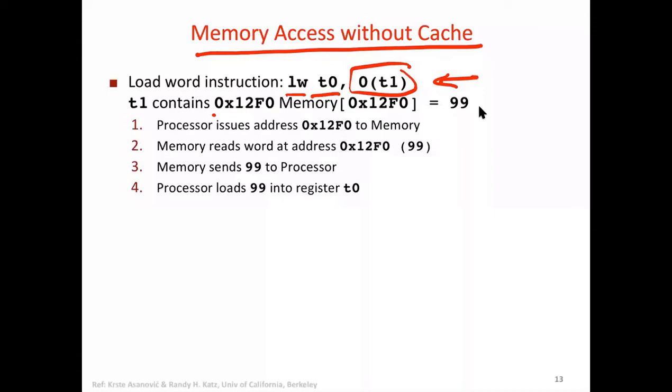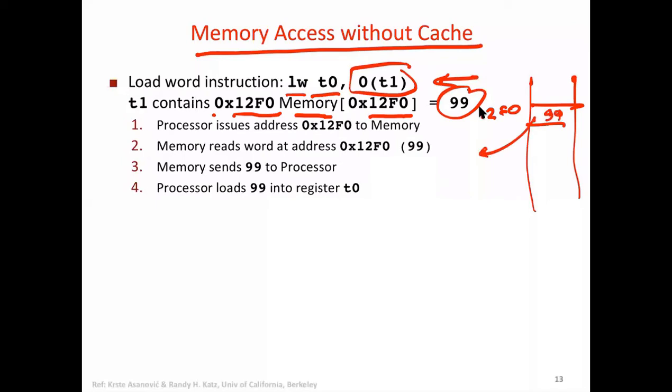So if T1 contains 1FF0, then we go to memory location 1FF0, and if 99 is stored in that memory location, we bring this 99 into register T0.